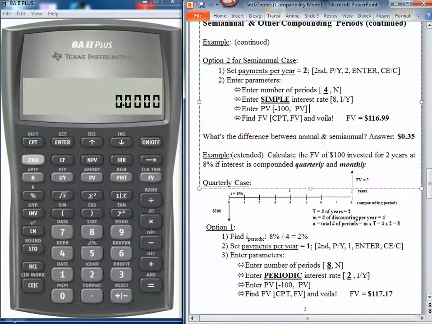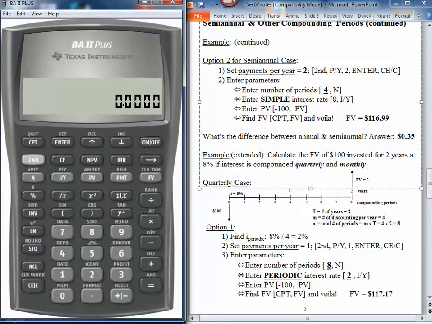So the next problem is just a continuation where we look at quarterly compounding. Now we see that there are 4 compounding periods per year for a total of 8 compounding periods. So I'm going to clear time value of money and put in 8 compounding periods. My periodic rate is 8% divided by 4 compounding periods per year, or 2% per compounding period.